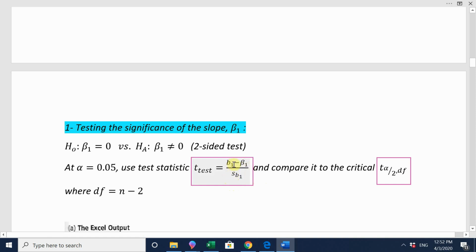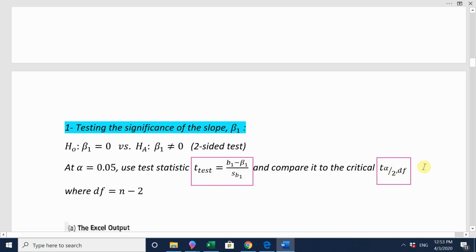So I'm going to have to figure out what my B1 is, which I can get by applying the method of least squares to my sample of observations. And my beta 1 here will be 0 because that is what is being claimed in the null hypothesis. And I will divide by this standard error for B1. And I will compare it to a critical value, T of alpha over 2, and for known degrees of freedom.